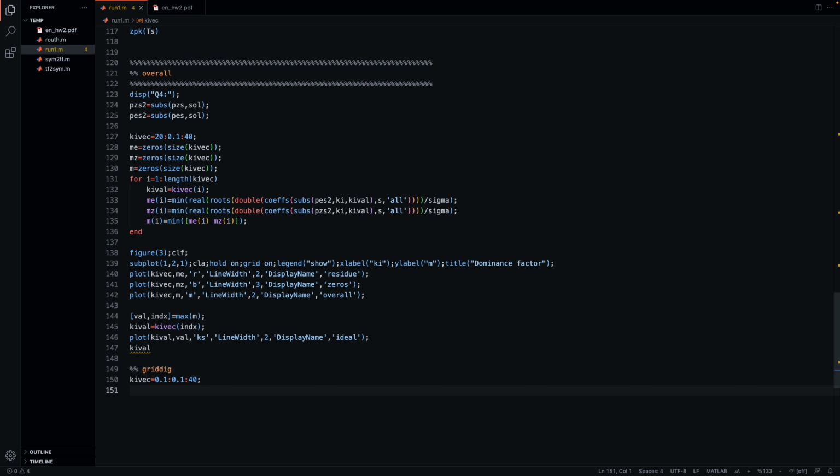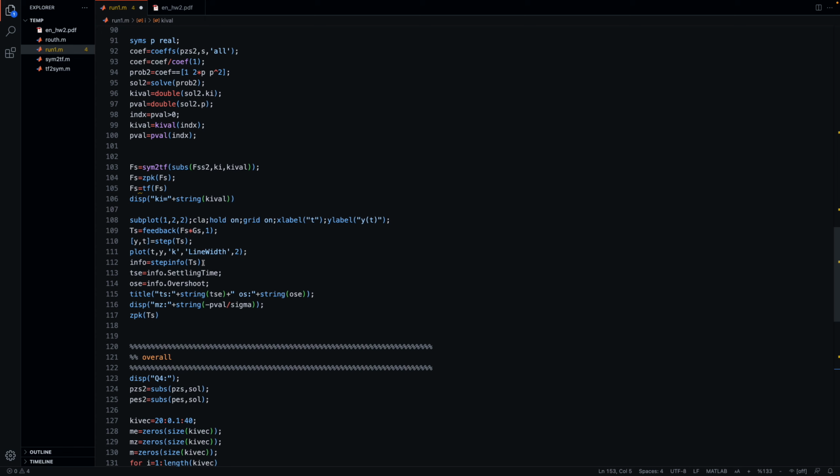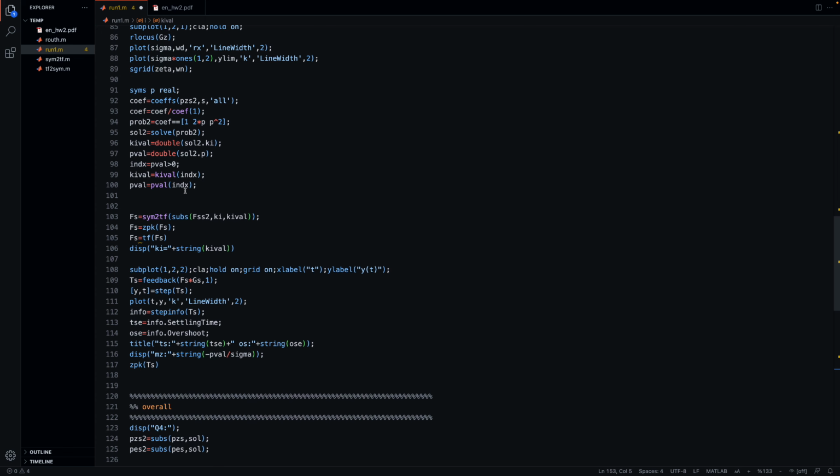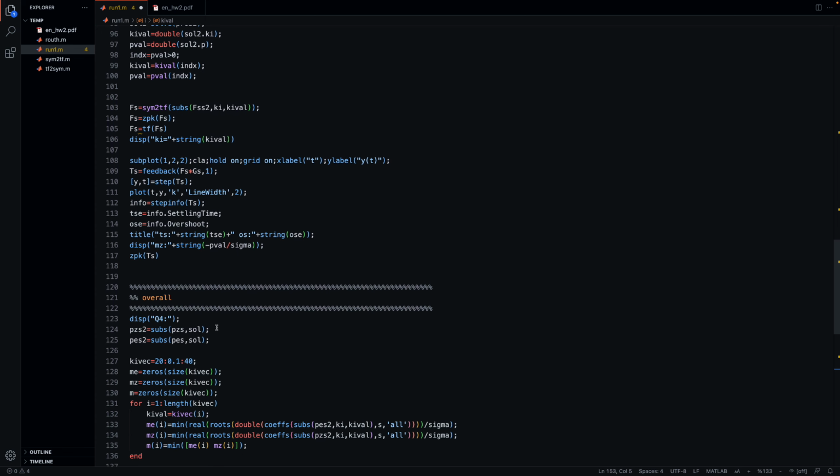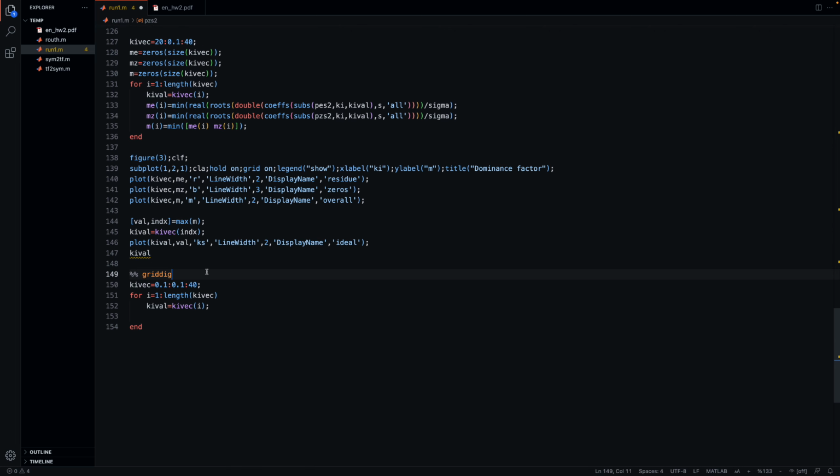And then I'm going to just go through each value of Ki vec, take Ki val, now at this point I want to substitute this back into the system. So what I can do, I can just get this, I can get FSS, let me just repeat that too.